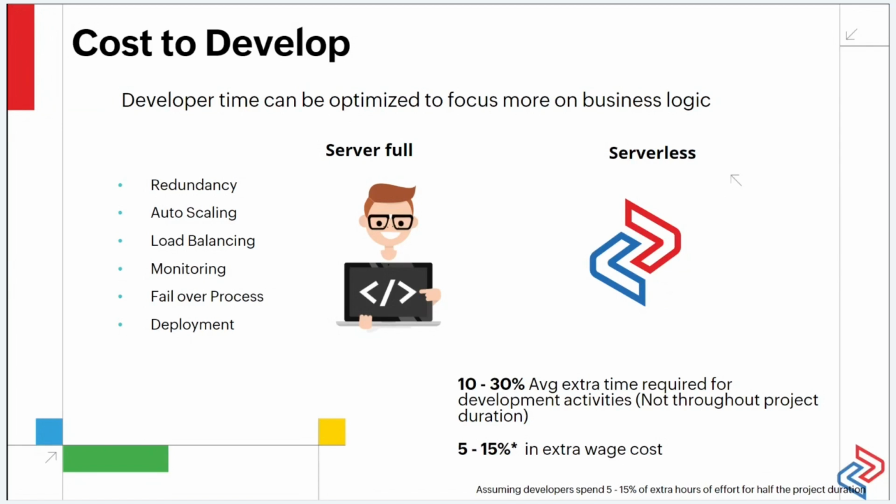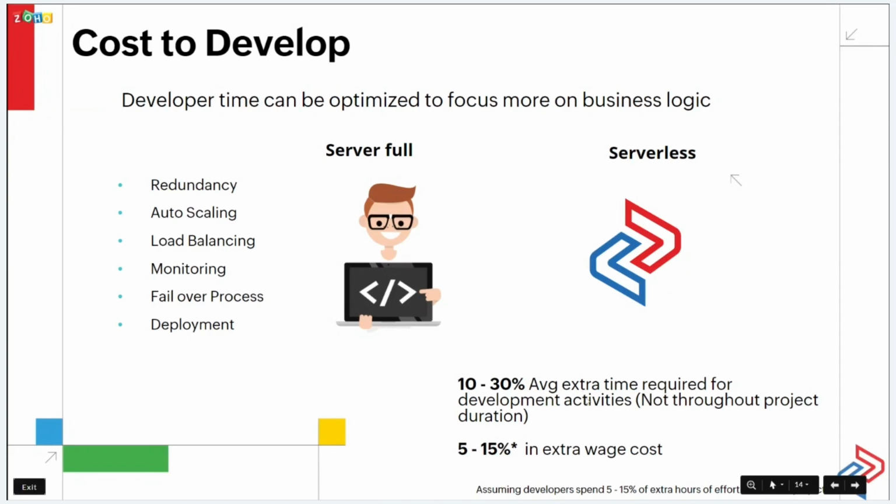All of these would be handled in a serverless platform by the cloud service provider. So if you were to have your existing developers do all of these activities, that would mean at least a 10% to a 30% extra time requirement at their end for the development activities. We're not talking about the maintenance. And it's also fair to assume that these activities would not happen throughout the length of the project.